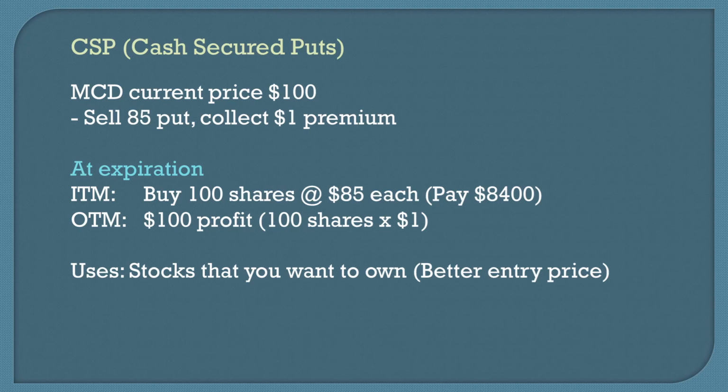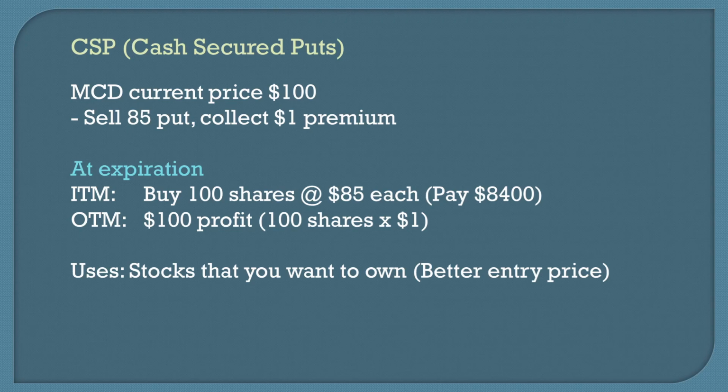For example, if you want to own McDonald's, but you find that the current stock price of $100 is too high, you can use a CSP to choose an attractive strike price. If McDonald's closes below that strike price, which we set as $85 in this example, you will buy 100 shares of McDonald's. If it doesn't close below, you get to collect the premium for selling the option.